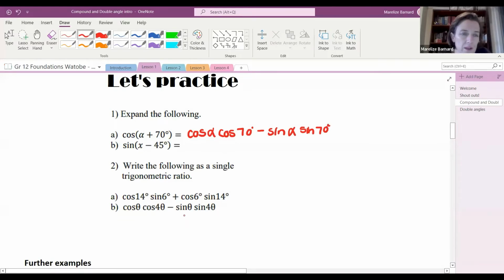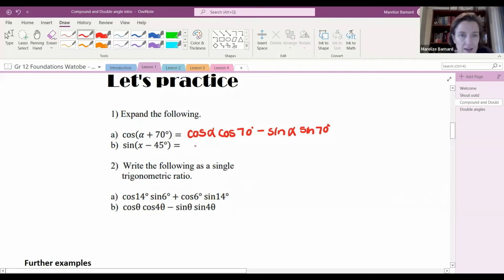Good. And then Primrose has given us the answer for sine x minus 45. Remember Primrose, we just want to expand, simplify it as far as possible because we've got cos 45 and sine 45, which is a special angle.